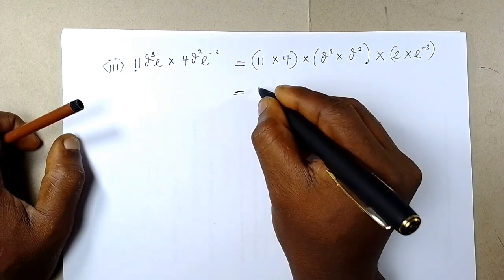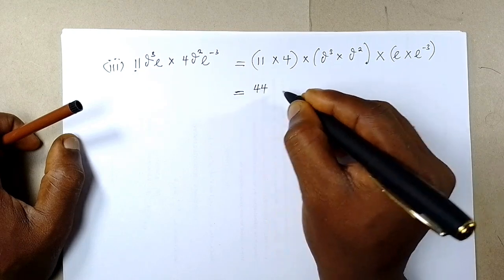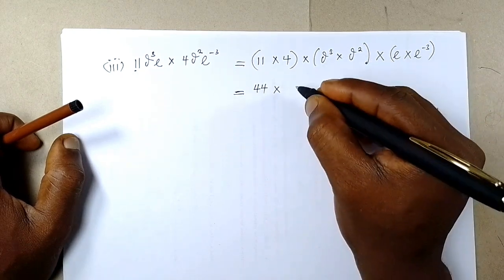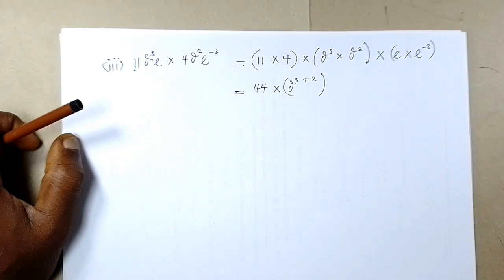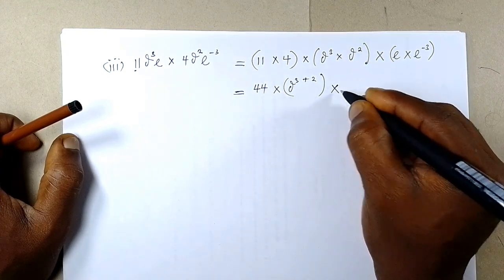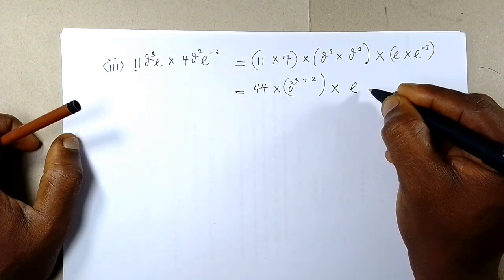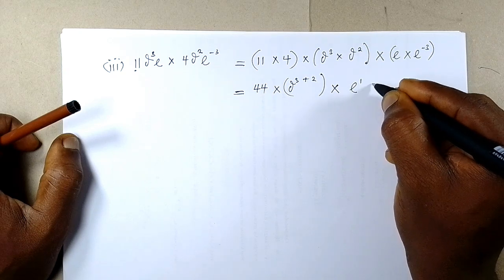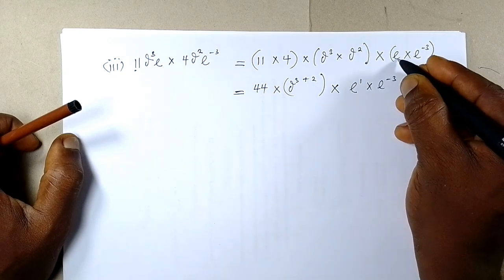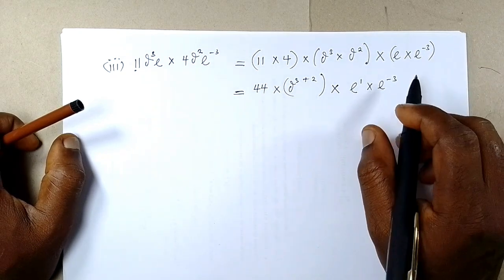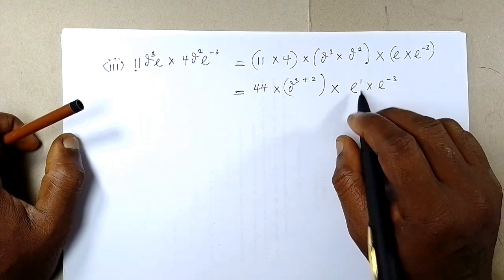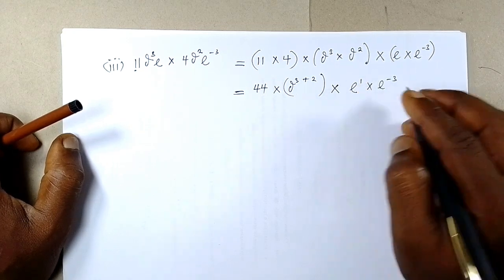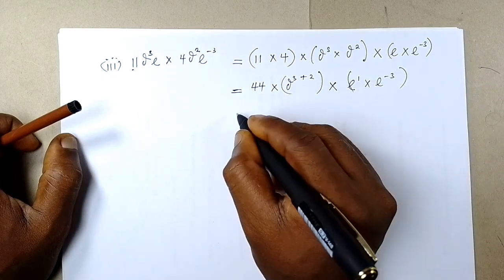And this will now give me 11 times 4 is 44 times d raised to power 3 plus 2 by the addition law of indices. Then e raised to power 1 times e raised to power minus 3. Remember we said by that law of unity that e raised to power 1 is e. So instead of writing e, I will just put e raised to power 1 so that it becomes very clear what I want to do there.